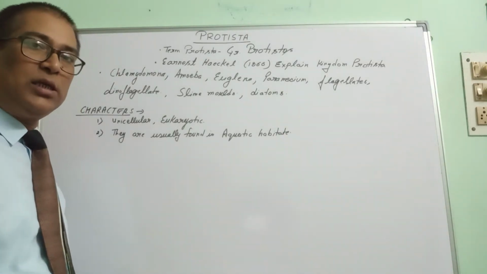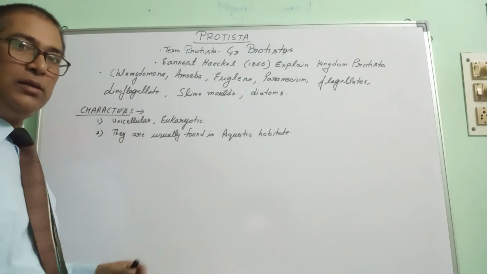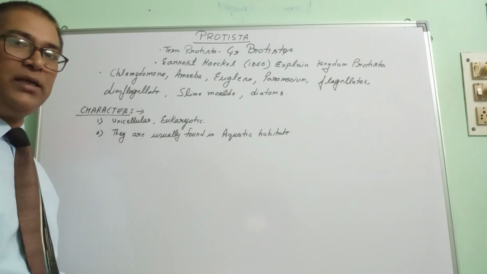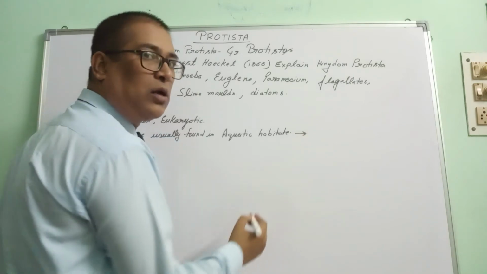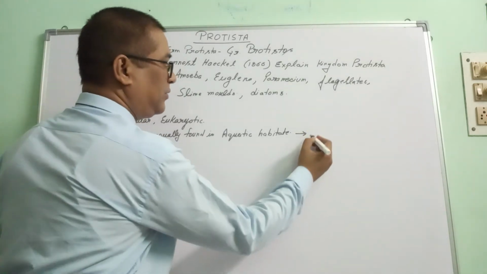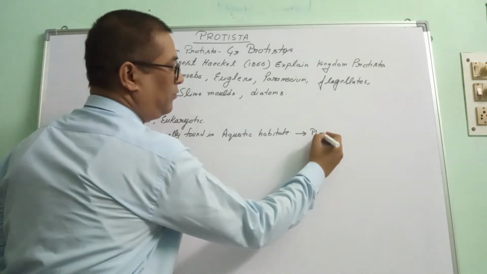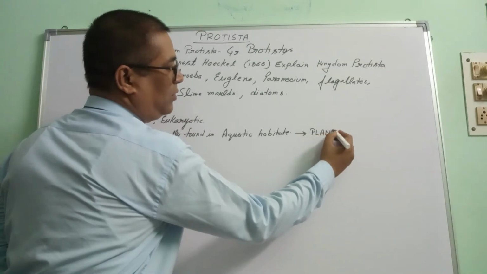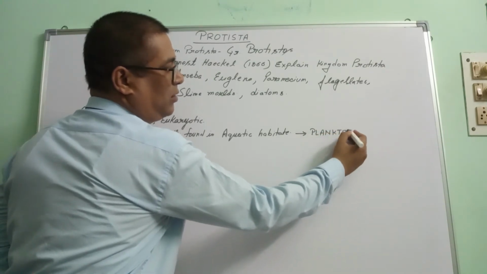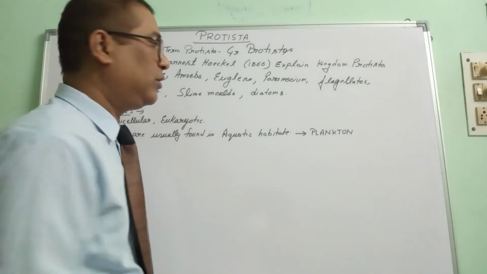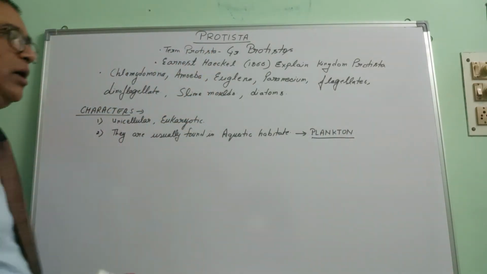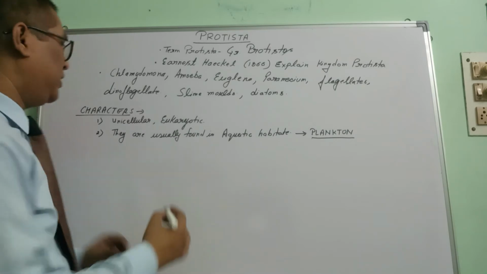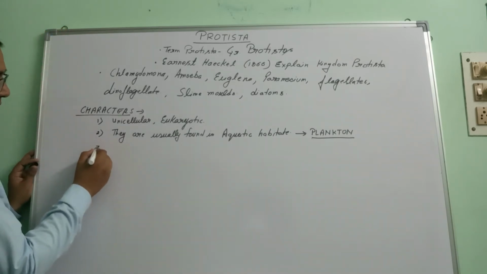Most of the protistans are present in aquatic habitats, so they are also termed as plankton.